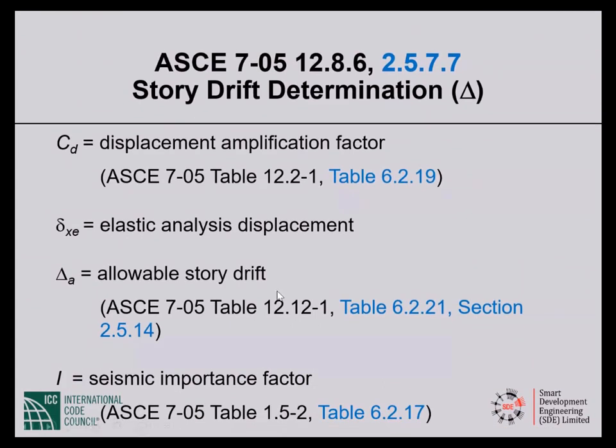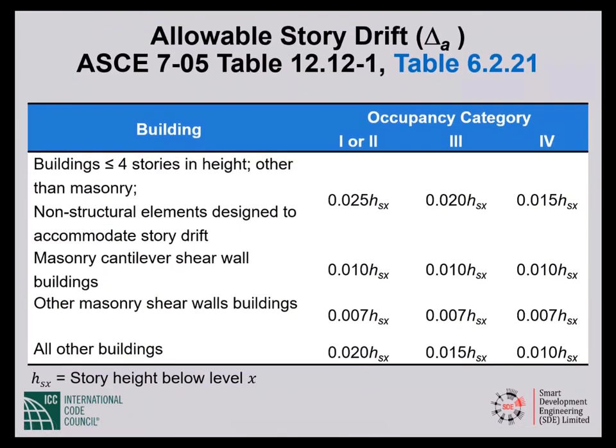The notation is explained on this page. I have given you ASCE 7 section number, table number, etc. And the same thing for BNBC section numbers. The table of allowable deflections is table 12.12-1 in ASCE 7-05, table 6.2.21 in BNBC 2020.